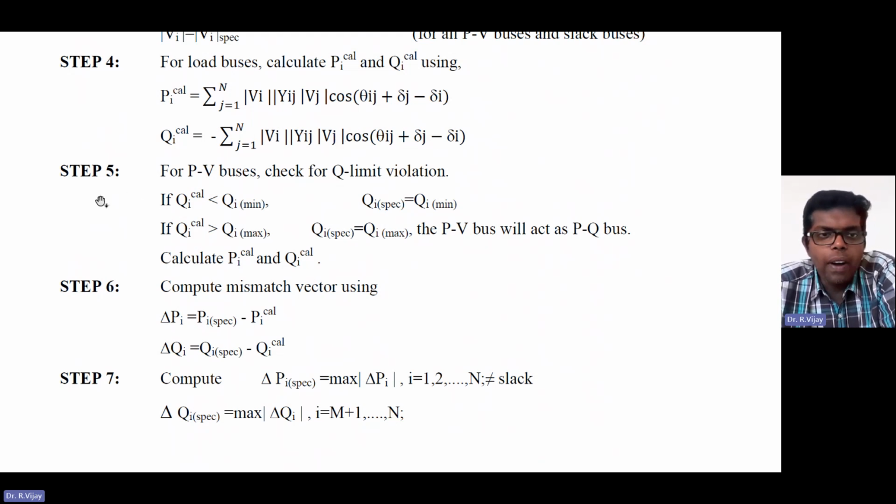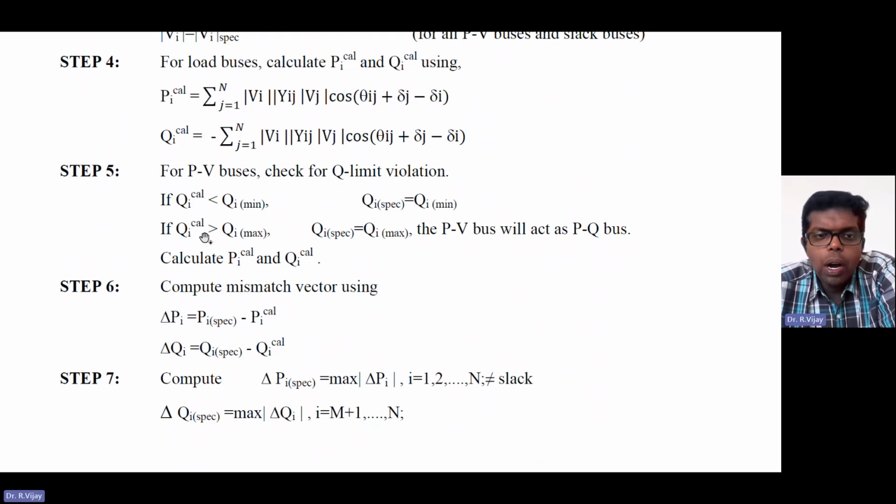Next, step number 5. For PV buses, check for the Q limit violations, that is reactive power limit violations. Same like what we did in our economic load dispatch problem. If QI calculated is less than QI minimum, you need to set QI specified as QI minimum value.